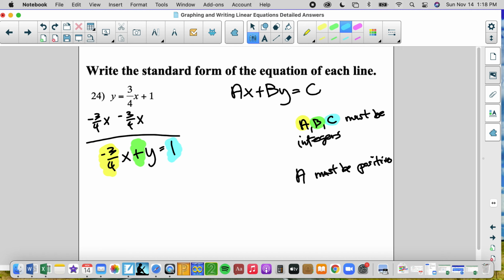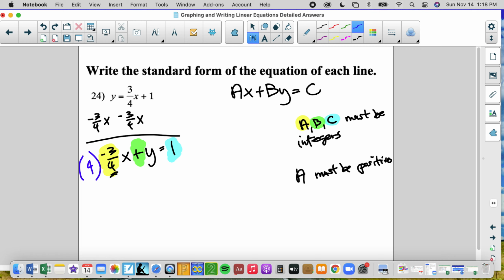So are they all integers? No, they are not integers. A is a fraction. And not only is it a fraction, but A must also be positive, and A is not positive right now. So what makes this a fraction is that 4 in the denominator. So if I want to get rid of a 4 in the denominator, I'm going to multiply it by a 4 in the numerator.